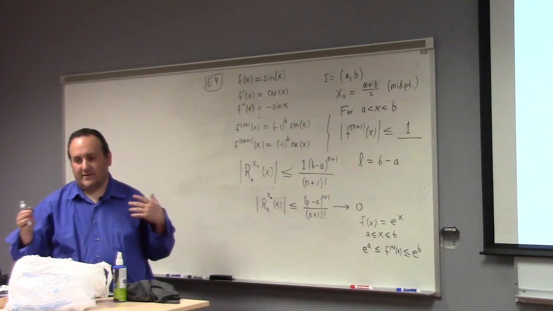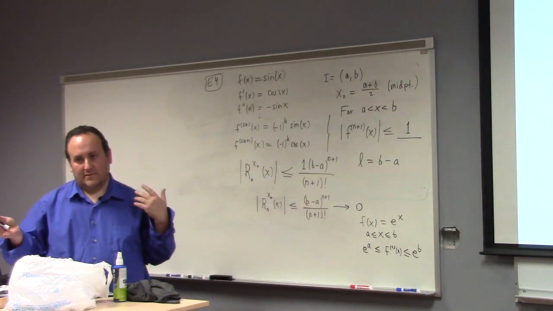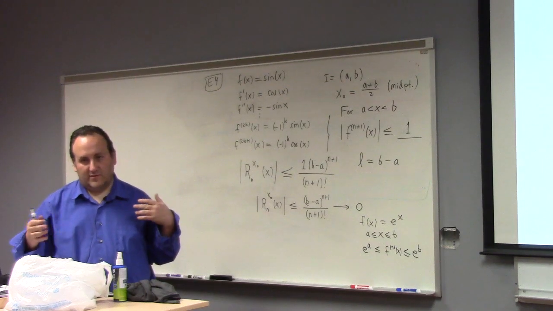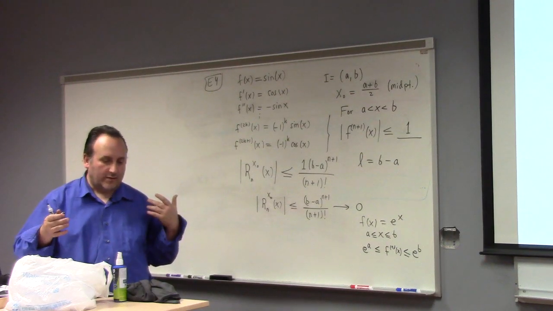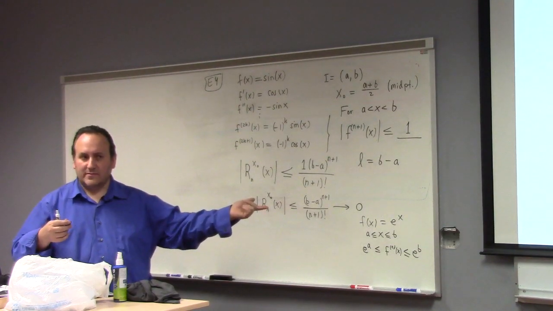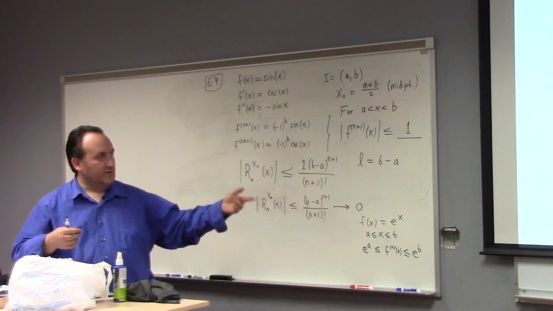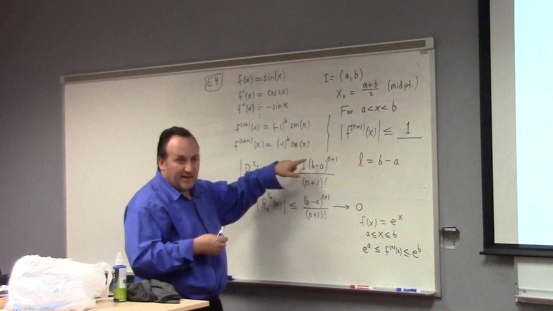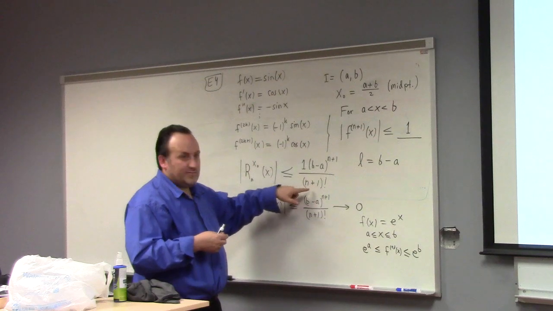So you'd have e to the a and e to the b as bounds for the exponential's nth derivative, and so you could use e to the b as your m. And then when you look at the formula for Taylor's remainder, you'd have e to the b times b minus a over n plus 1 factorial.